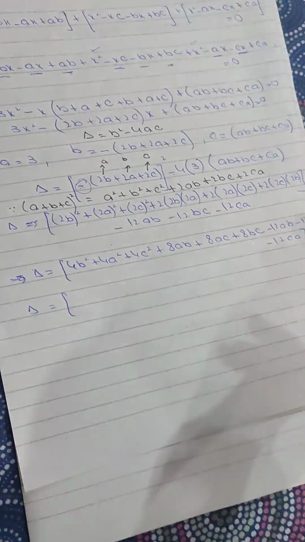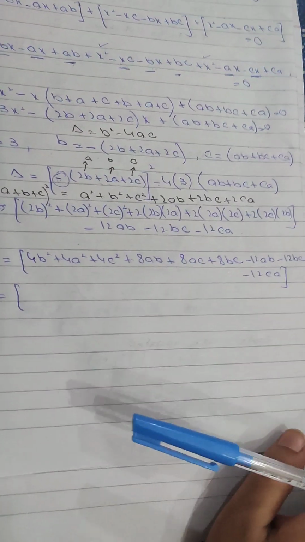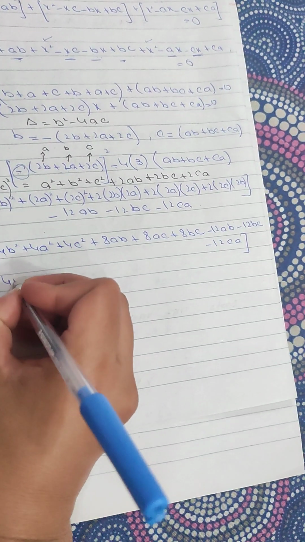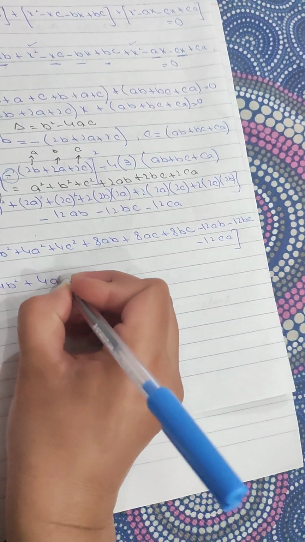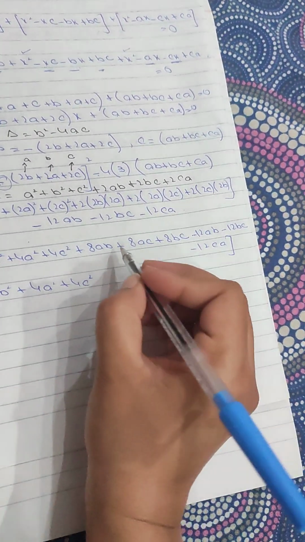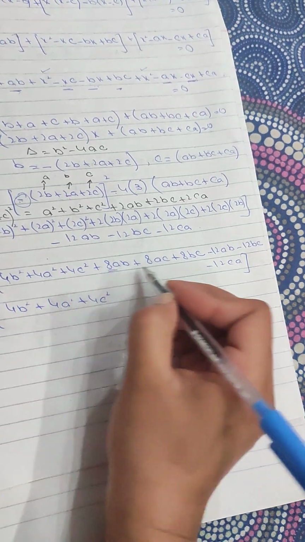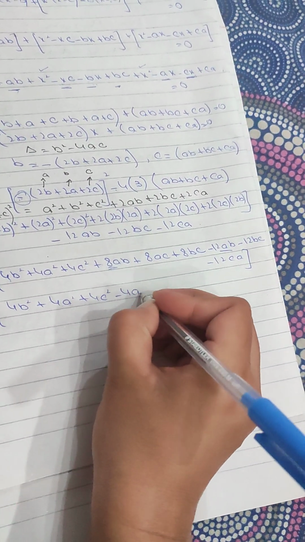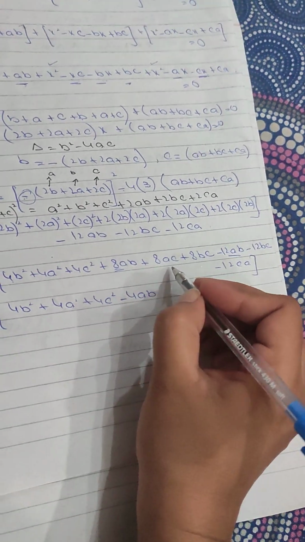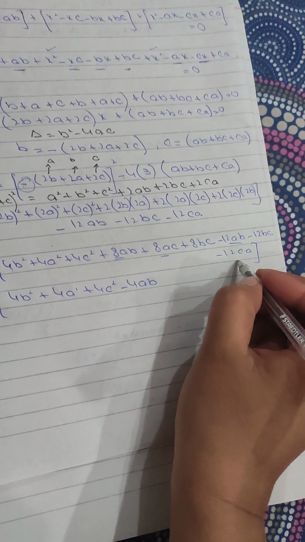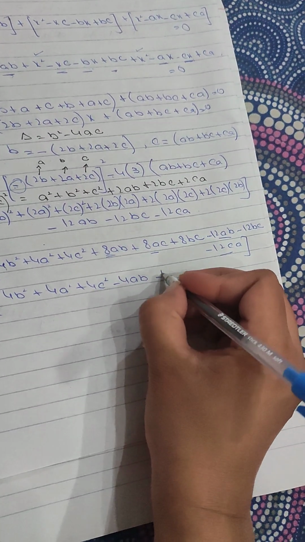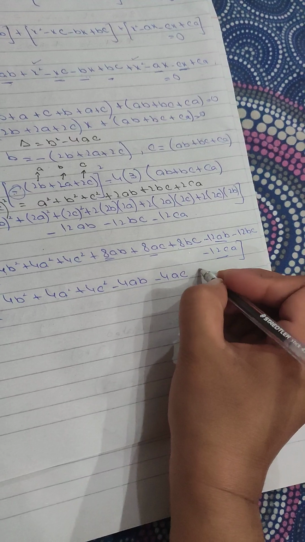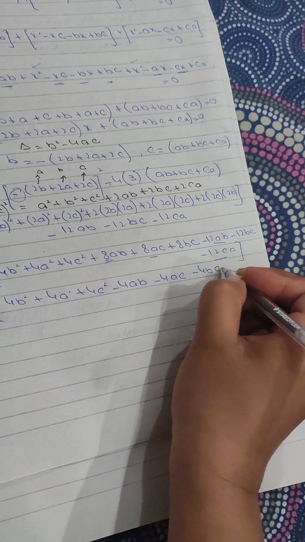Delta is equal to, we will add or subtract the same values. So 4b square as it is, 4a square as it is, 4c square as it is, 8ab and minus 12ab, it will be minus 4ab. Similarly 8ac and 12ac, it will be minus 4ac, and 8bc will be simplified with minus 12bc and it will be again minus 4bc.